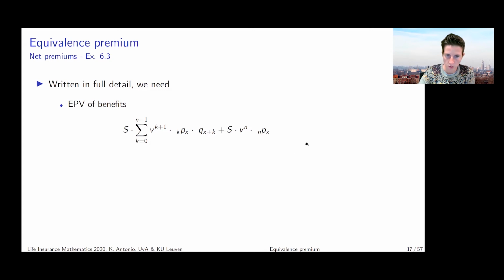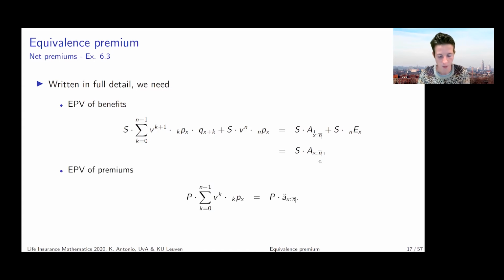So this is in full detail what is underneath this international actuarial symbol for the endowment insurance, with a term equal to n and a sum insured equal to S. And you here see the typical notation that we developed for this endowment insurance in our international actuarial notation. That's for my benefits.